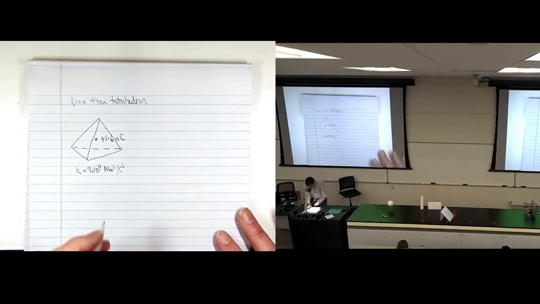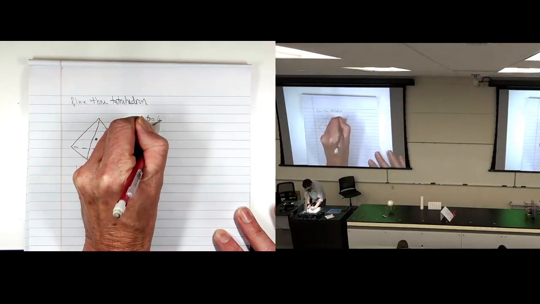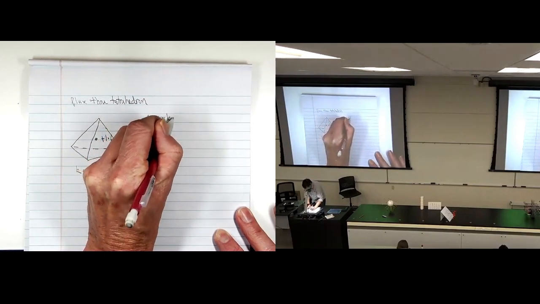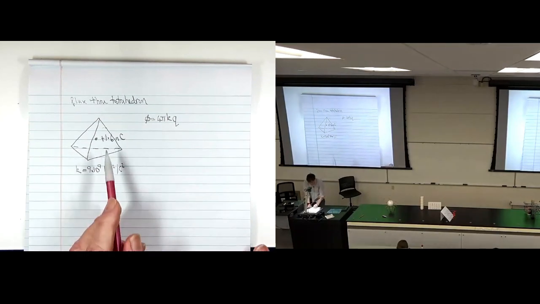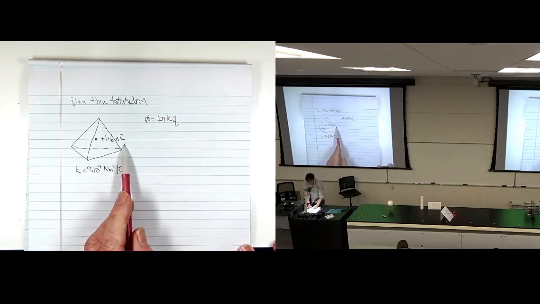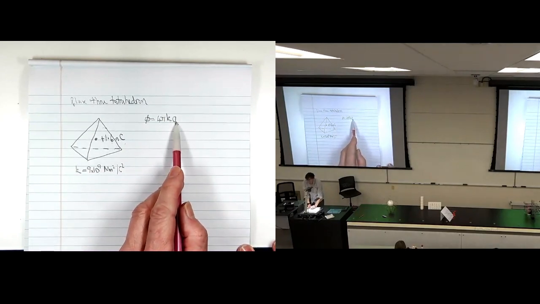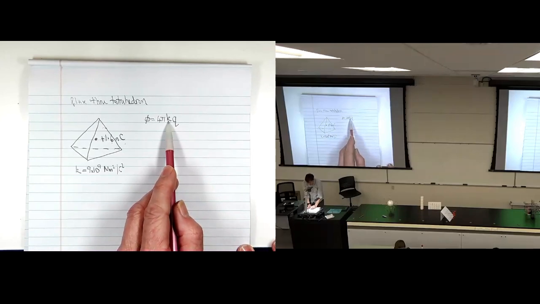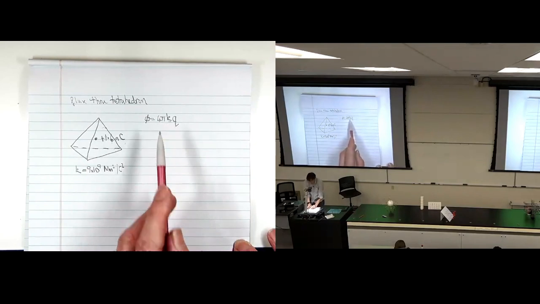Gauss's law, if you remember, said that the total flux through a closed surface is 4 pi Coulomb constant times the charge inside. The charge inside is 1.6 nanocoulombs. We can just plug in 1.6 nanocoulombs for Q here, Coulomb constant 9 times 10 to the 9 Newton meter squared per Coulomb squared, multiplied by 4 pi.